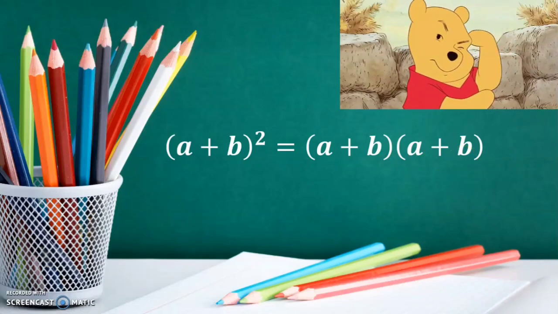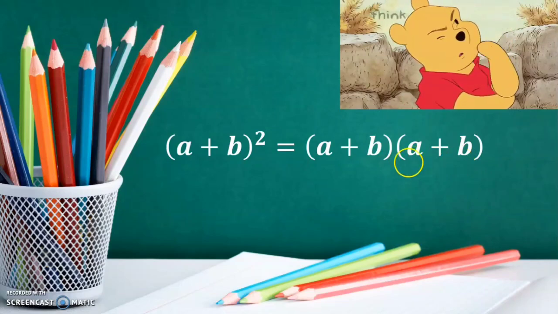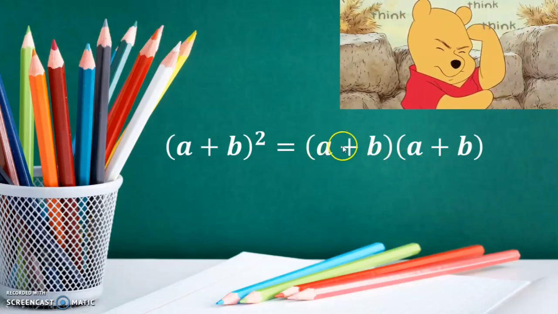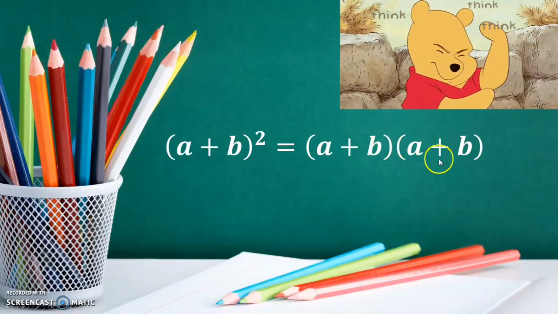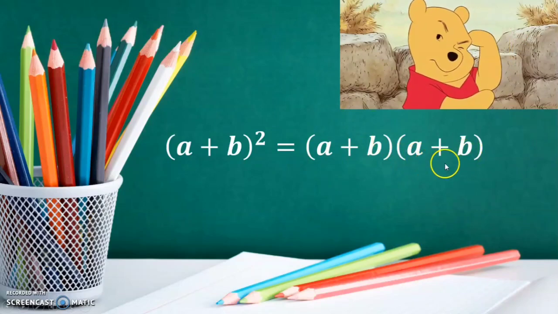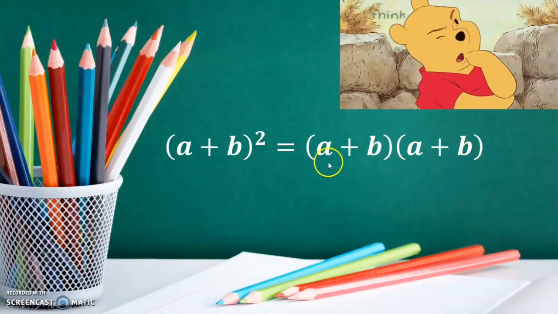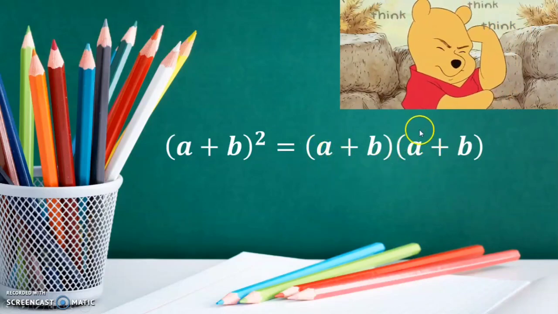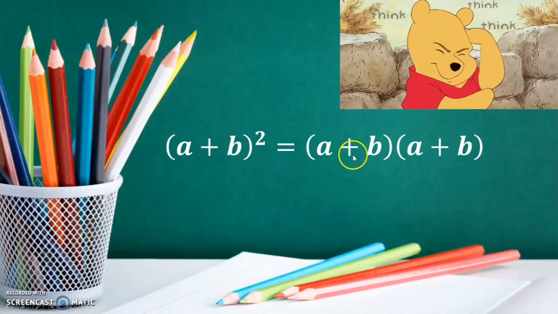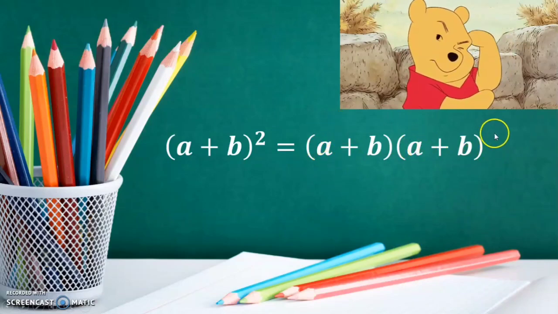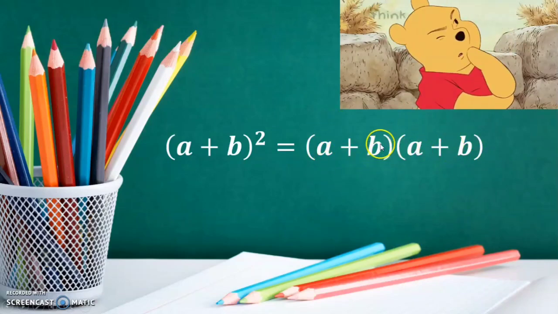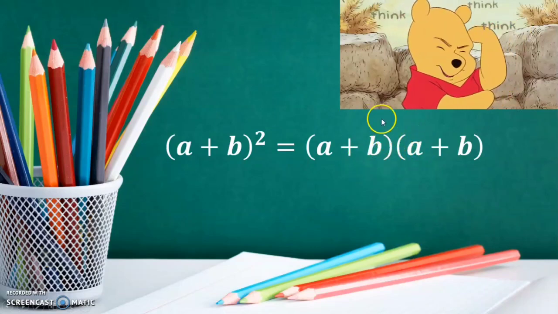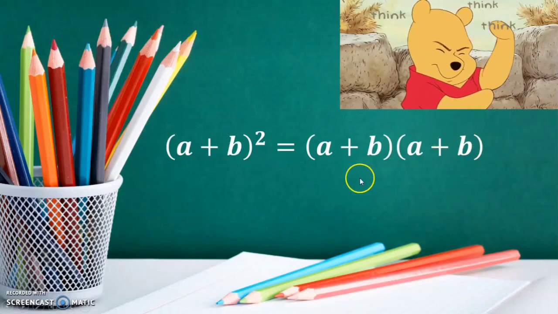Now, after that, what do we do? We multiply first bracket's each term with the second bracket's terms. So what do we get? We get a into a plus a into b plus b into a plus b into b.